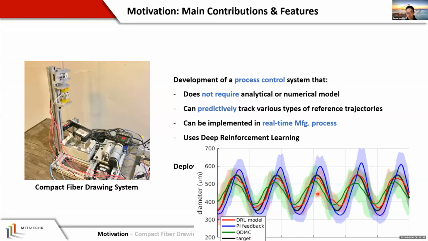Our proposed controller is compared with a PID controller and a QDMC controller. And you can see that our proposed controller has less phase error and amplitude error than the other baselines.